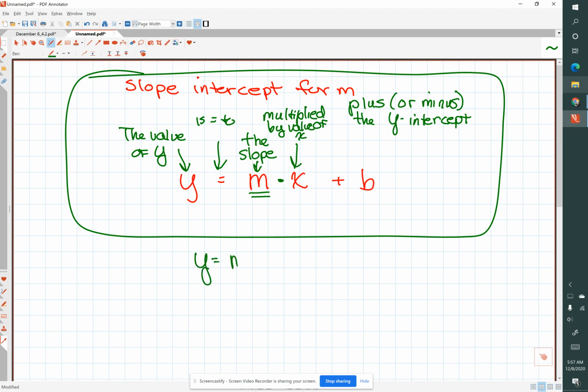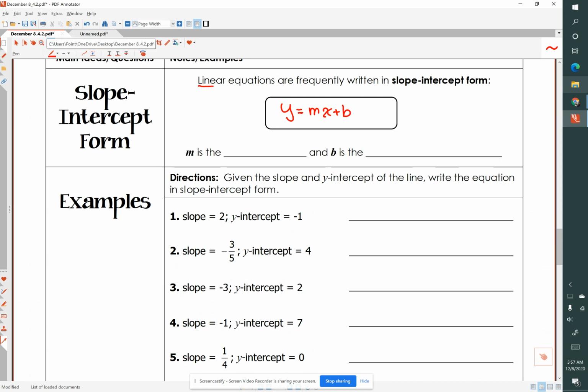You know, y equals mx plus b. And remember, it could be plus or minus b, depending on the linear equation, where m is the slope, b is the y-intercept, x is the input, and y is the output. Let's get back to our paper. So linear equations are frequently written in slope-intercept form, where m is the slope and b is the y-intercept.